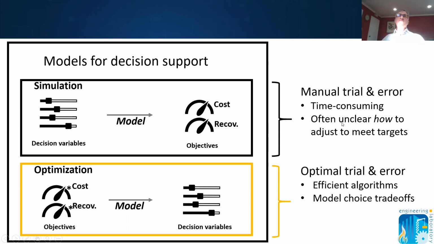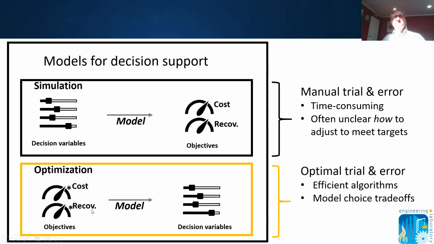And of course, that can be expensive. It takes up a lot of time because you have to manually adjust, as the figure notes, many such little slider bars. There are lots of controls in all of the systems that I've touched upon. And it's often not clear how to adjust those controls to achieve the outcome that you want in terms of cost and recovery, let alone investigate trade-offs.